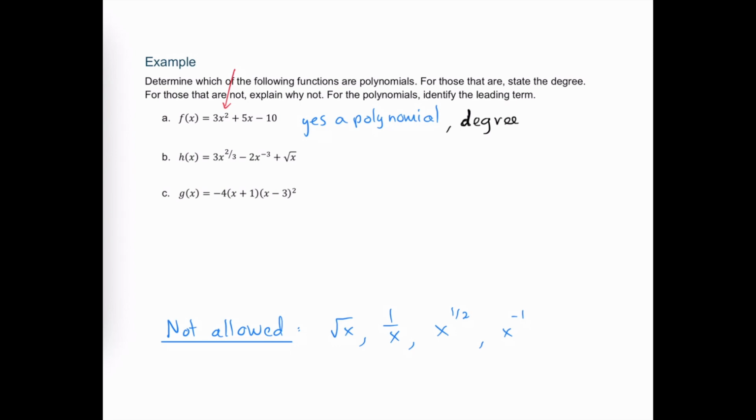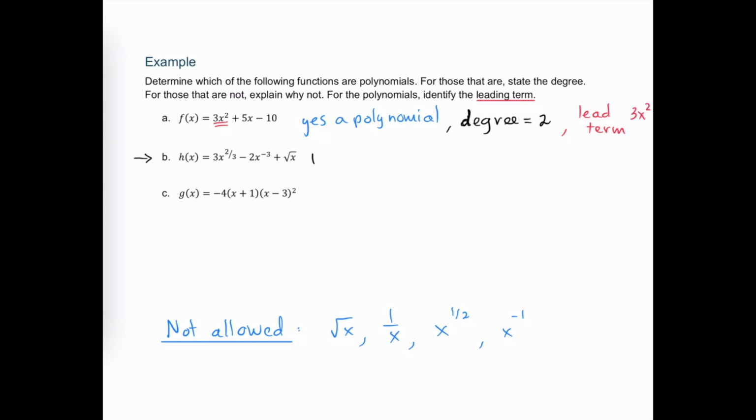So in this case, the degree is equal to 2. This is a second degree polynomial. Now, even if it wasn't written in descending form, even if this term were located in the center of the polynomial, it would still be the leading term. The leading term is determined by the highest power on the x, no matter where that's located in the polynomial. So here, let's say the leading term is 3x squared.